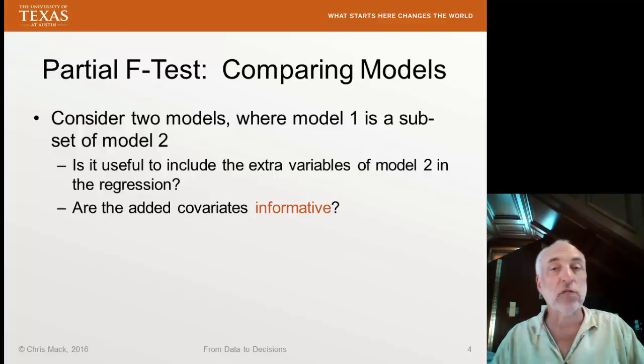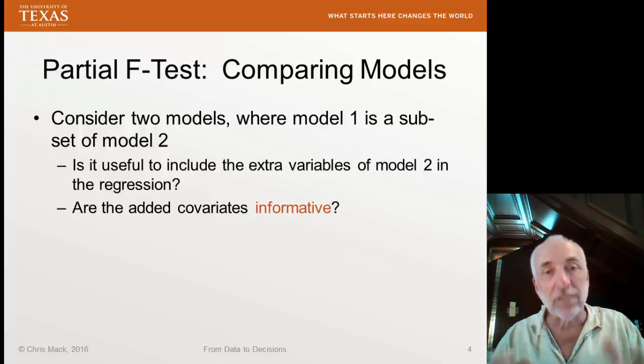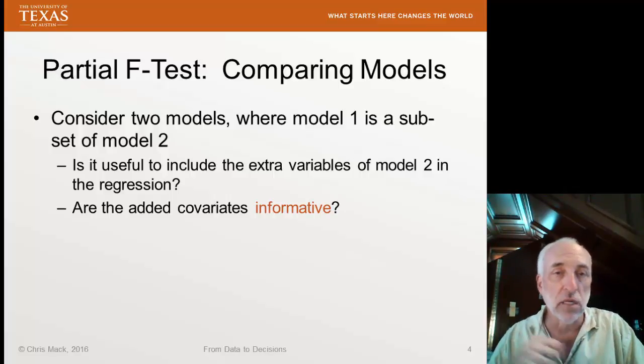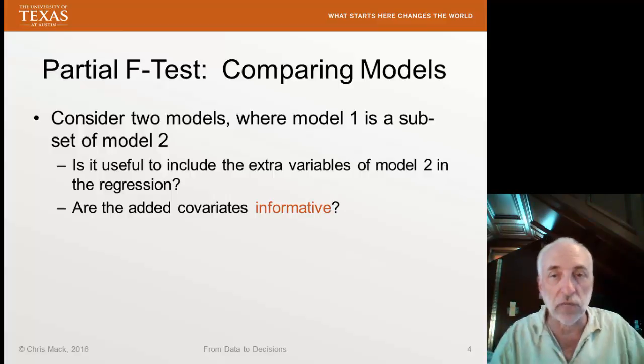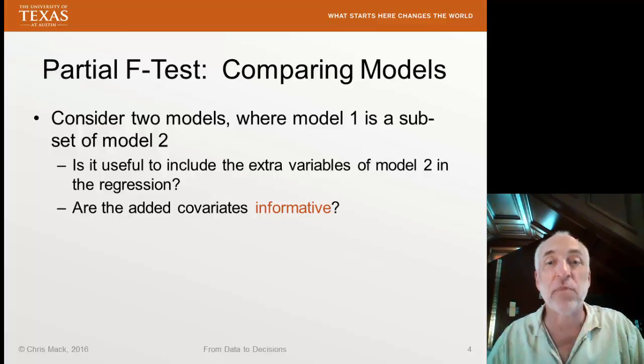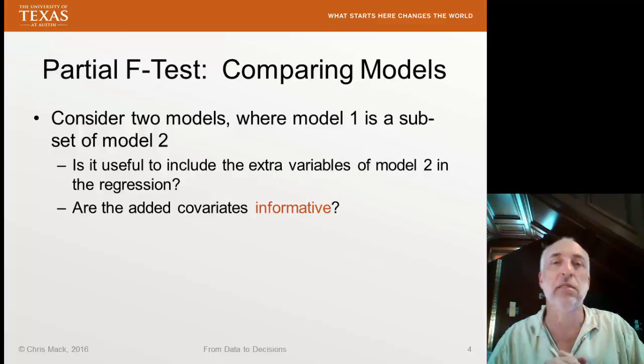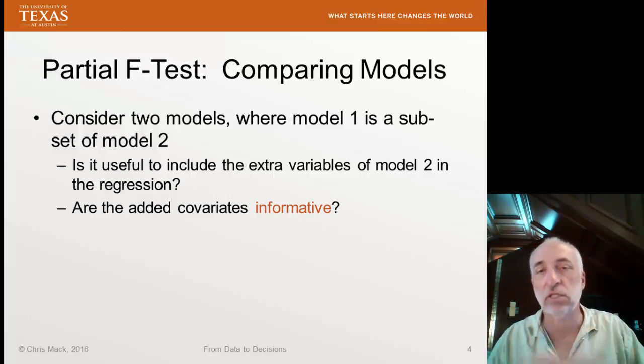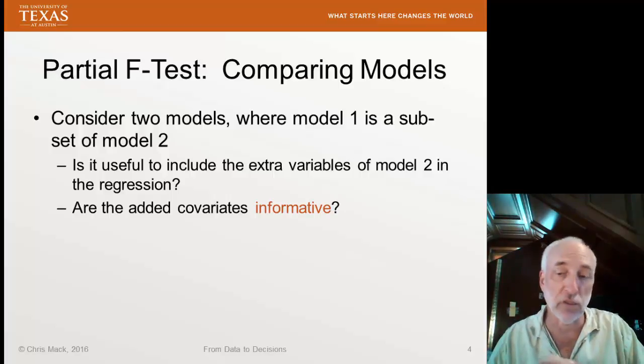Are those added covariates informative? That's the terminology we use in statistics. I've got these extra covariates, these extra terms that I've stuck in model 2 that aren't in model 1. Do they add information? Do they explain variance in y, or do they just randomly fit the noise?